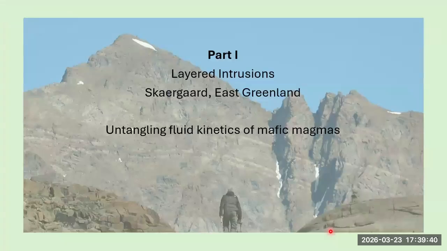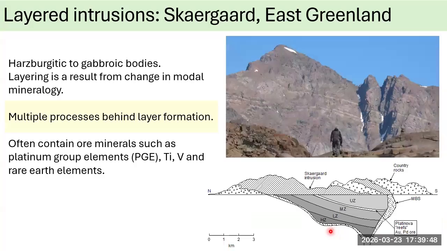So first part, we are going to Greenland, very topical or almost very topical, and to Skaergaard layered intrusion. So layered intrusions are these large basaltic, mafic, ultramafic to mafic bodies. So they are iron and magnesium rich, and as their name says, they have layers.